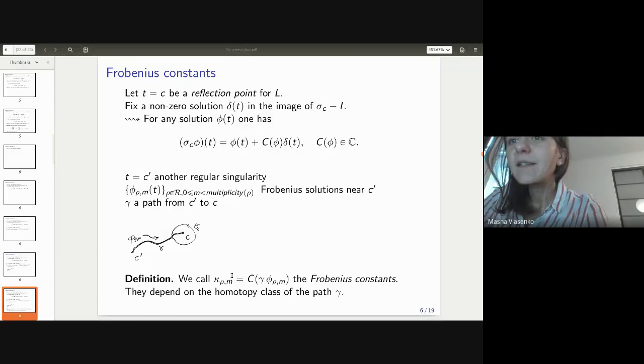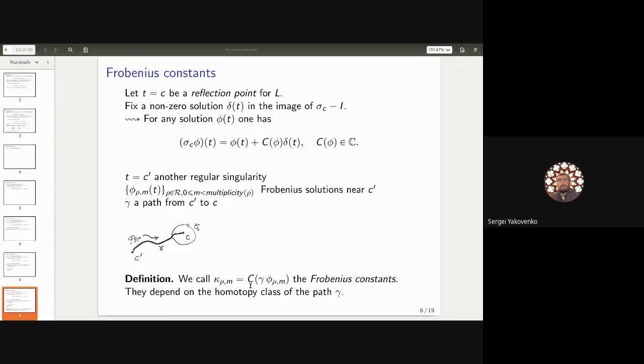So the constants such that Frobenius solutions add that fixed solution delta times a constant, these constants will be called Frobenius constants. In this formula, gamma is written to denote the analytic continuation along gamma. And C is from this formula, that we just measure how Frobenius solutions change around the reflection point.